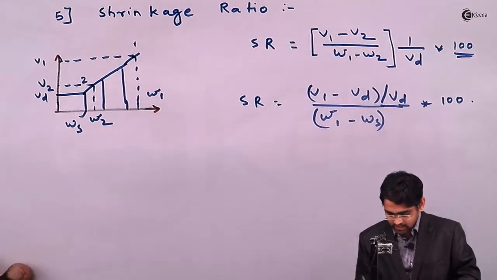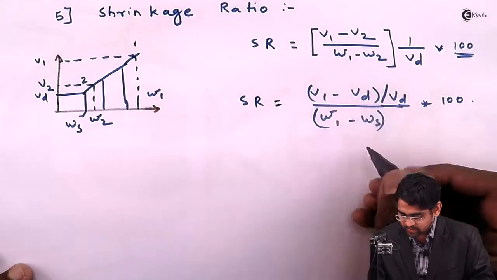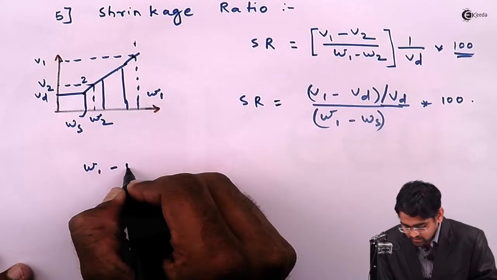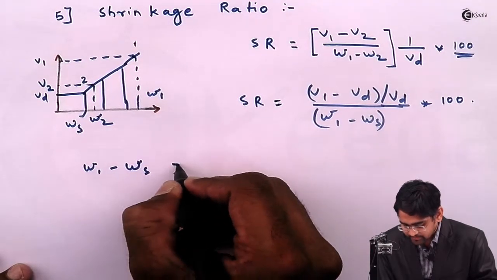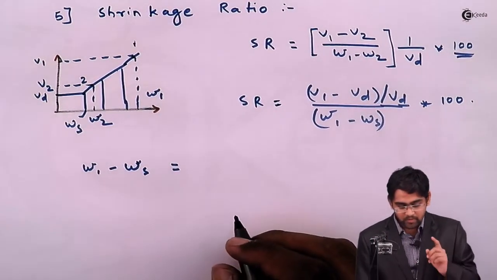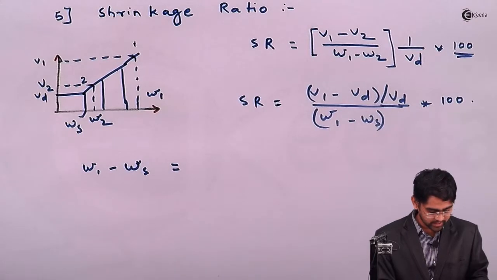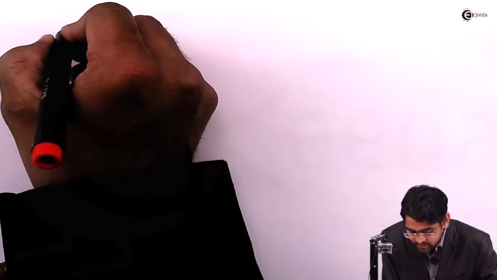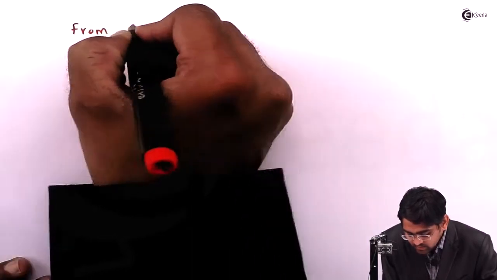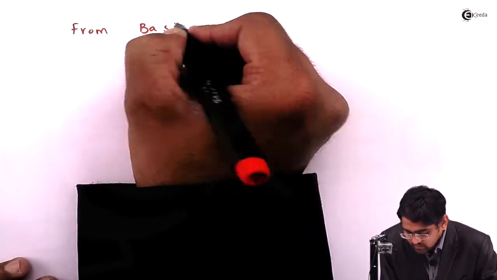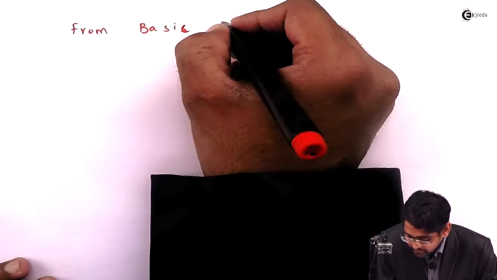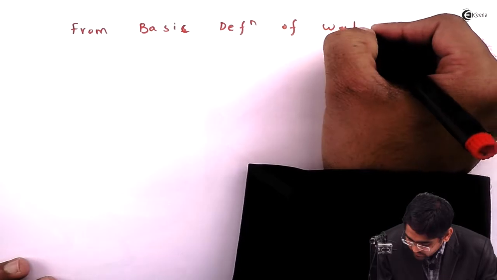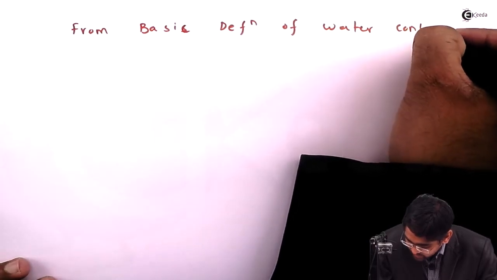If I again rewrite this expression, I'll replace this change in the water content. So from the basic definition of water content, I'll use another page. What is water content?